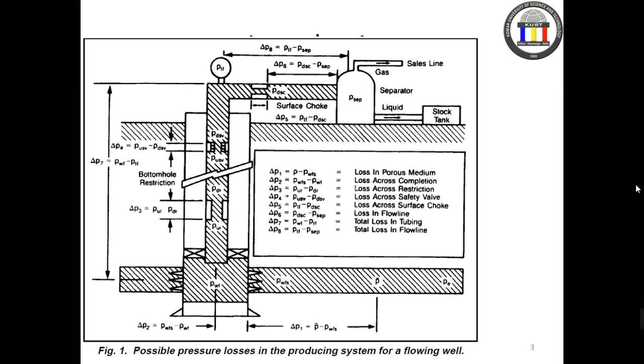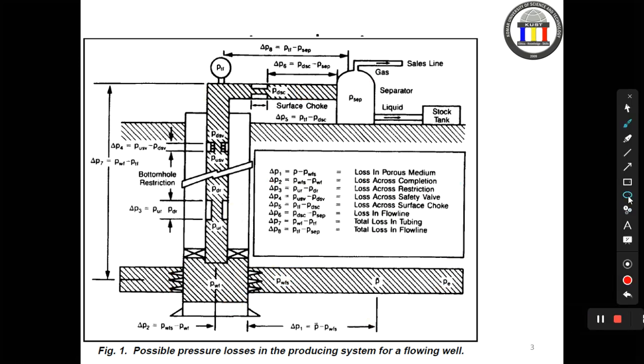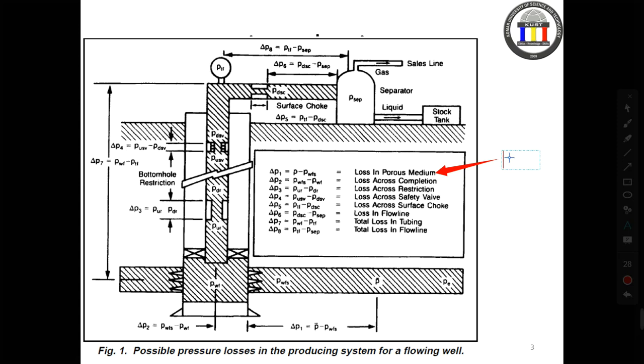So if there are losses, what can we do in this case? If there are losses here, we go for stimulation, like hydraulic fracturing or acidizing. If we face a problem in this one, we look for reperforation, or a workover job.